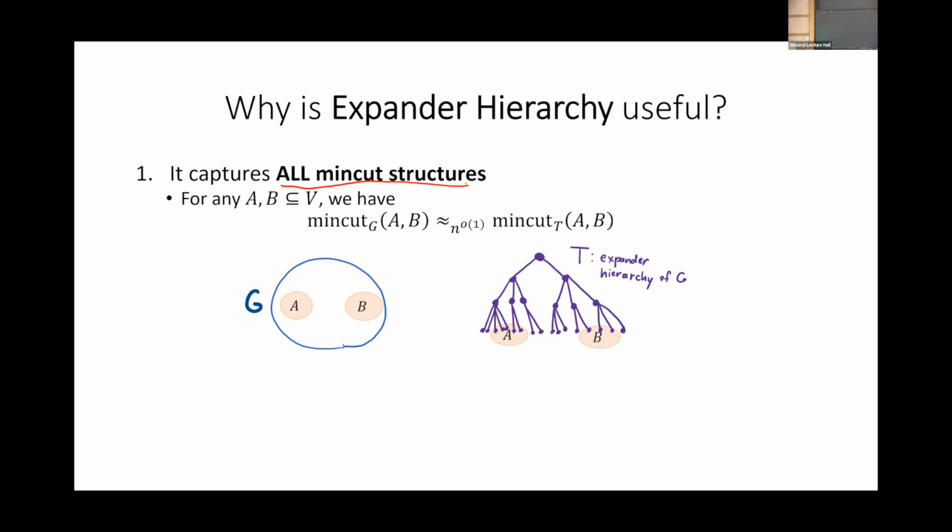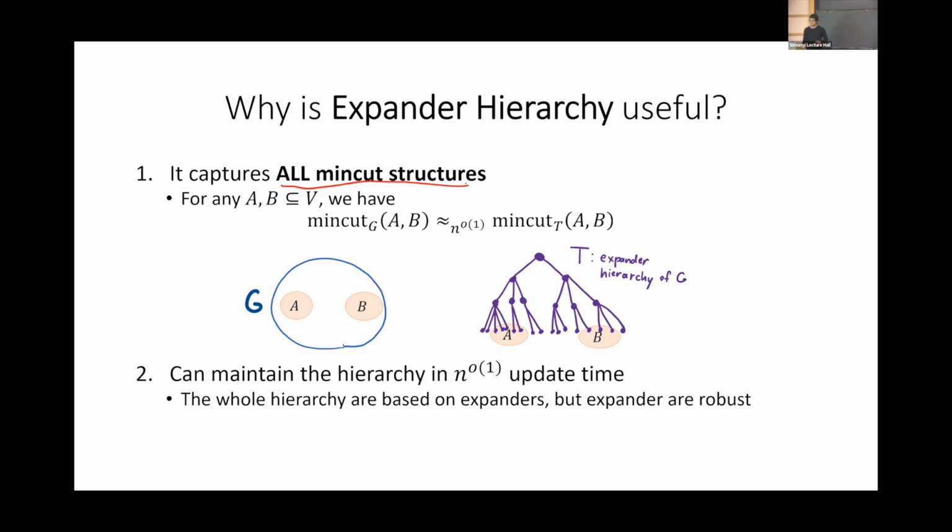So it turns out that these two numbers, the min cut of A and B in G and T, are the same, but up to a subpolynomial factor. So the approximation is not great, but this is true for exponentially many cuts. So any graph, you can represent it as a tree that captures all cuts.